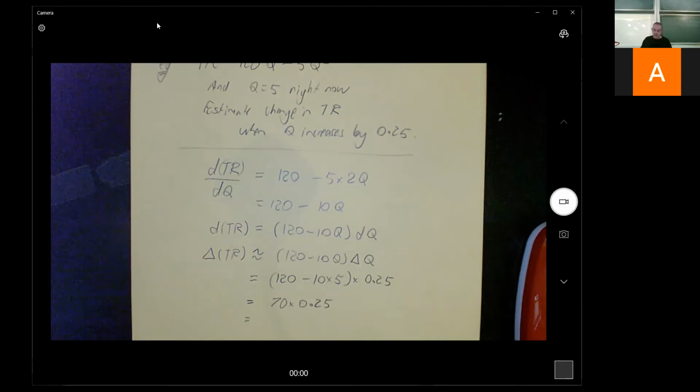That's what calculators are for. Okay, so this is saying that when the quantity increases by 0.25, the total revenue goes up by 17.5. We don't really know the units. The quantity could be in thousands and the revenue could be in millions of dollars. We have no idea, so we just have to leave it without units.